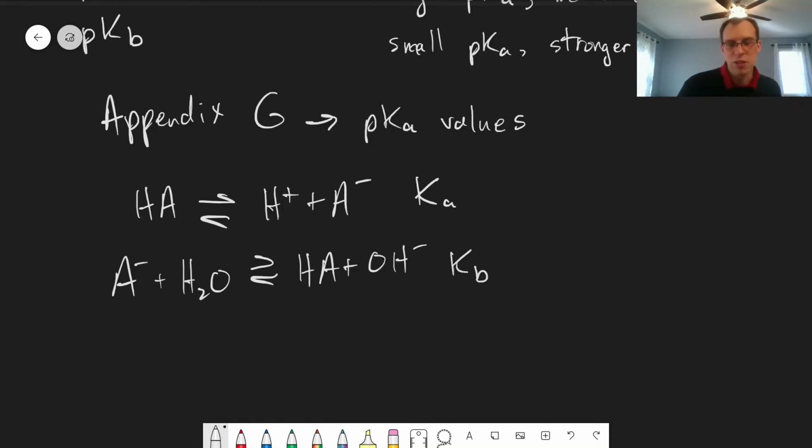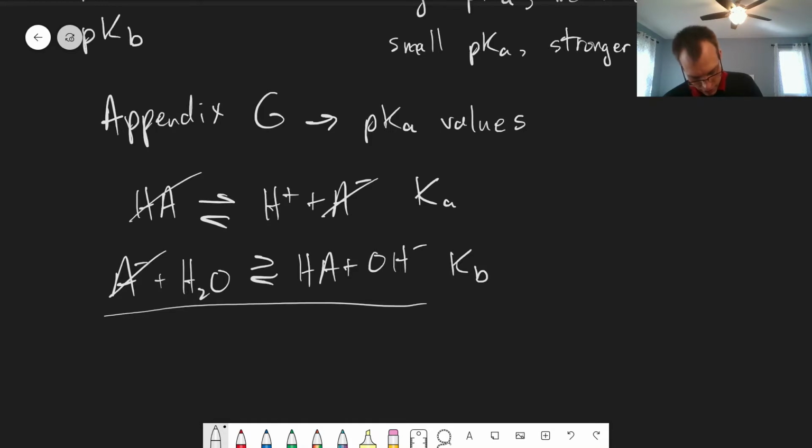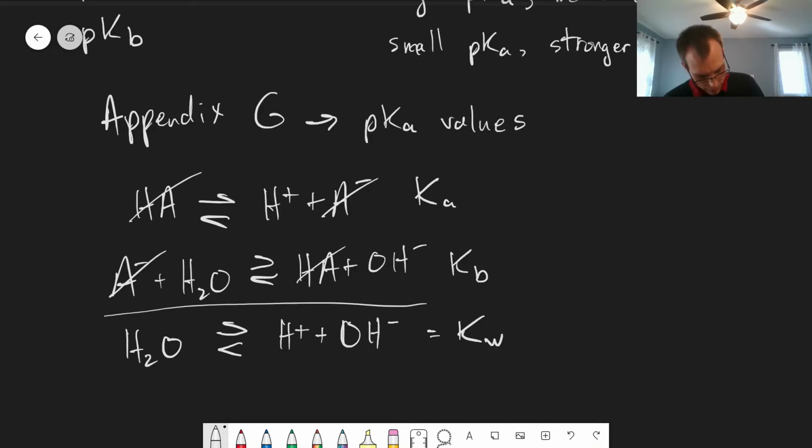Is there a relationship between these two? If we add these equations together, the A minuses will cancel, the HAs will cancel, and lo and behold, we get H2O in equilibrium with H+ and OH-. That's equal to Kw, our autoprotolysis of water.